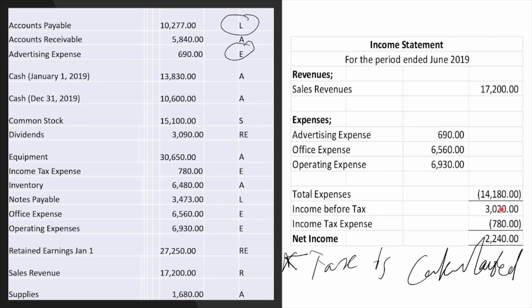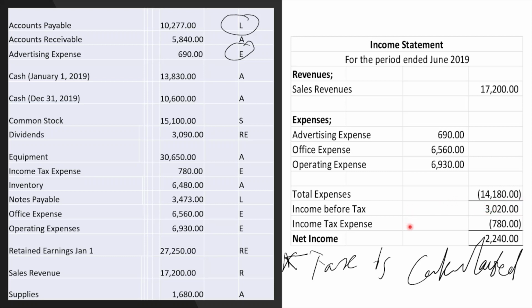our nation collects taxes. Almost every nation in the world collects taxes. So that's an expense. Income tax is an expense. But we don't put it together with other expenses. Why? Because in most situations, you don't know what the income tax expense is yet until you prepare this report. So usually we don't know what it is. We will have this figure, 3,020.